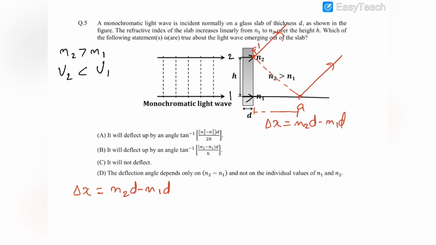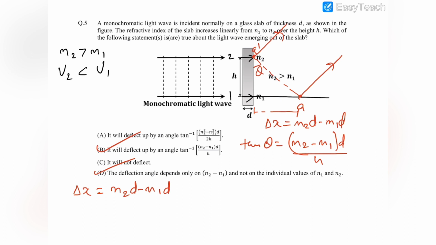So the deviation we can say is theta, and tan theta would be equal to (n2 minus n1) into d by H. Okay, so one of the correct options is B, and option D, which says that the deflection angle depends on n2 minus n1 and not on the individual values of n1 and n2, is also correct because this deflection depends only on the difference of n2 and n1, not on n1 and n2 individually.